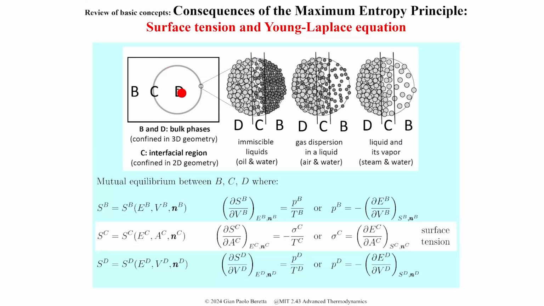And there are many examples here, just put 3 of them. It could be, let's start with the last one, liquid and vapor. So a drop of liquid, and outside you got vapor, like water vapor, or a vapor of any substance.